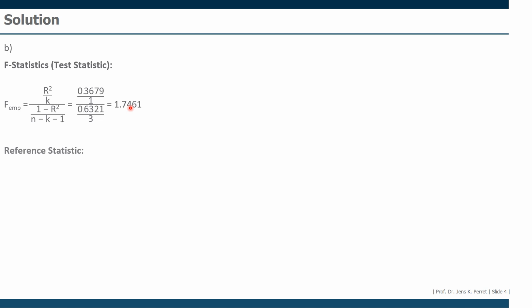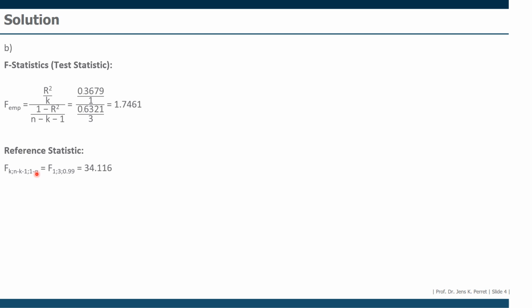The second part is the determining of the reference statistic. This is something we get from the table on the F distribution. Here we have to look up the value f, k, n minus k minus 1, and 1 minus alpha. K, we know it's 1. N minus k minus 1, we know it's 3. And alpha is the margin of error.